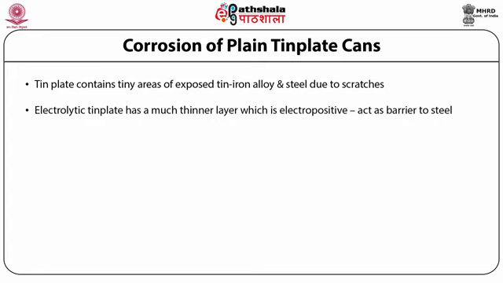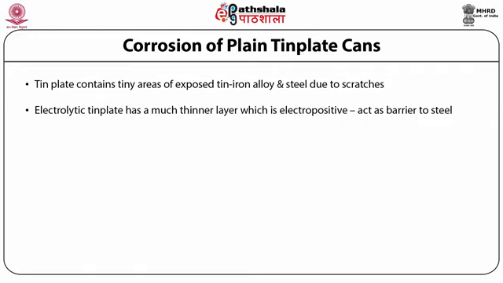Electrolytic tin plate has a much thinner layer which is electropositive to the base tin, thus acting as a chemically inert barrier to attack on the steel base. The effect of this barrier is to prevent a significant increase in the steel cathode area. Thus, the density or degree of continuity of the alloy layer has a material effect on the rate of corrosion.